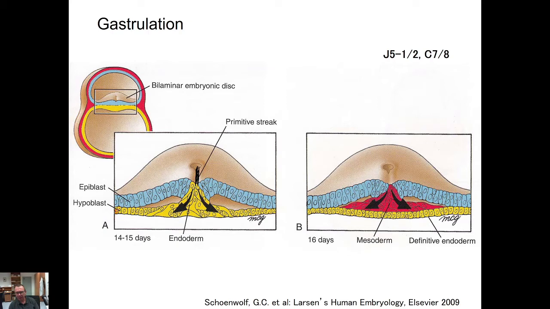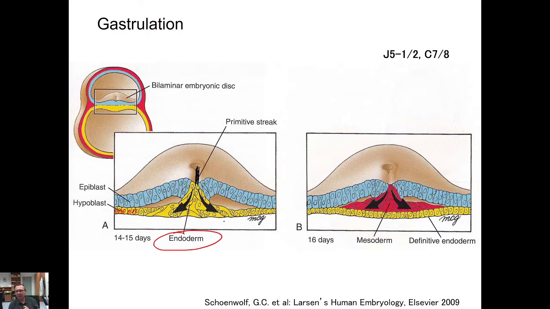Here is the hypoblast, a layer of lower cuboidal epithelium, and the new cells from the epiblast, from the bottom of the primitive groove, are migrating to this hypoblast and transform this layer into a new layer. The cells of the hypoblast are interchanged by new cells developing from the epiblast, and this new layer will be called endoderm.